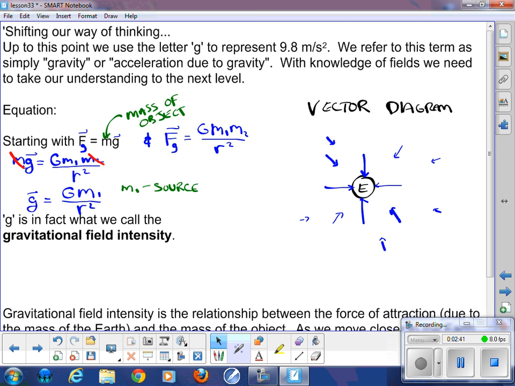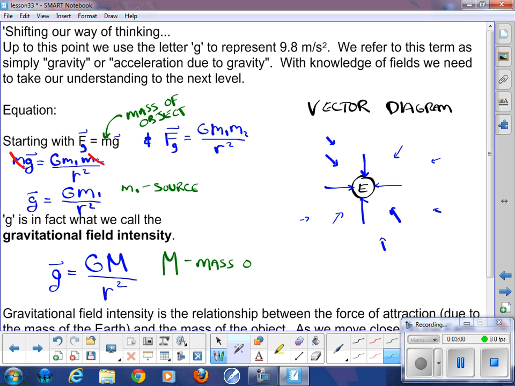In fact, g is what we call gravitational field intensity. What you'll commonly see written is g equals capital G capital M over R squared. Whenever you see that capital M, it is the mass of the source. So nothing's really changed other than the notation here.